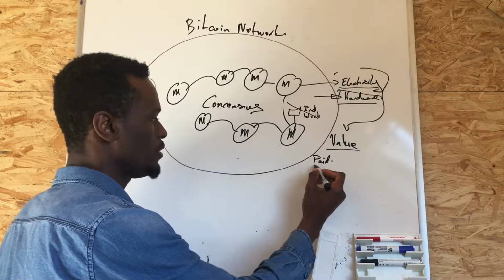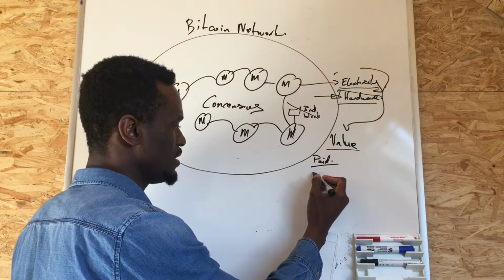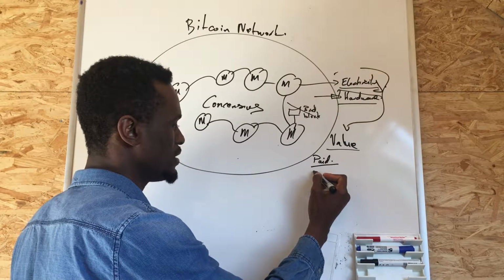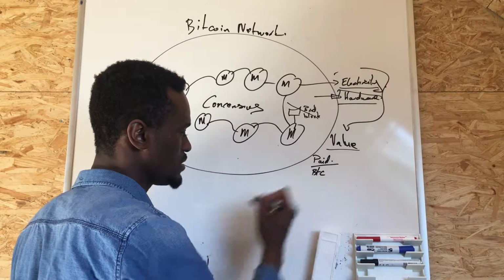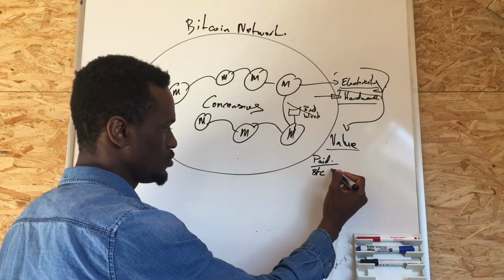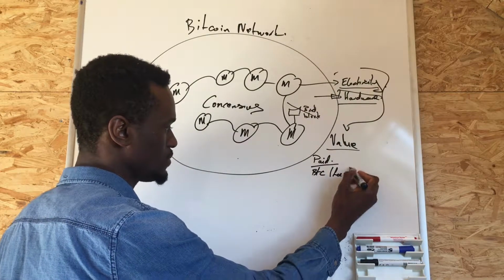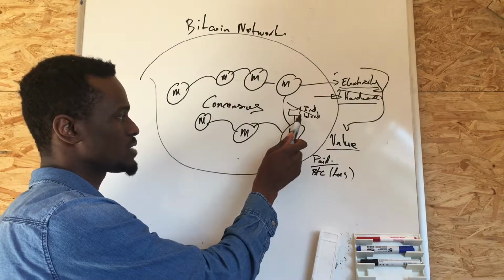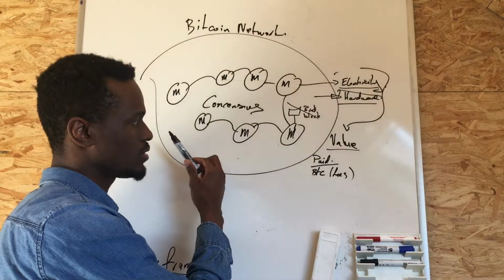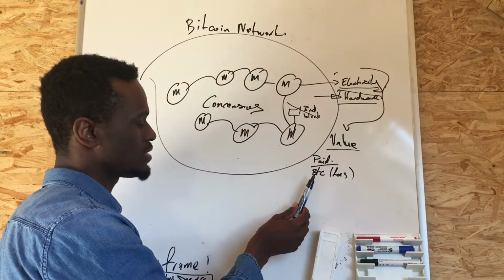Because we all know miners get paid, in the case of Bitcoin, in Bitcoins, BTC, and those are the fees. So if a miner is producing a bad block, they don't get paid.